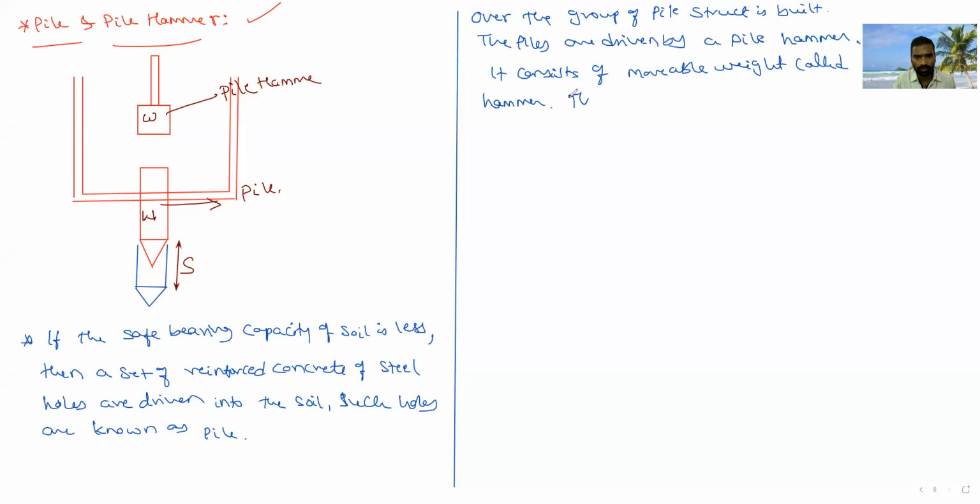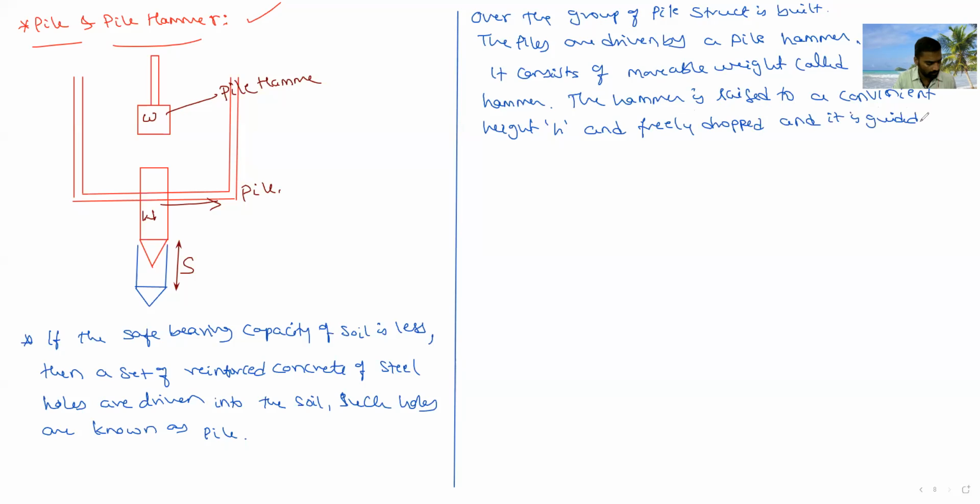The hammer is raised to a convenient height h and freely dropped, and it is guided to fall on the pile so that both move downward together.